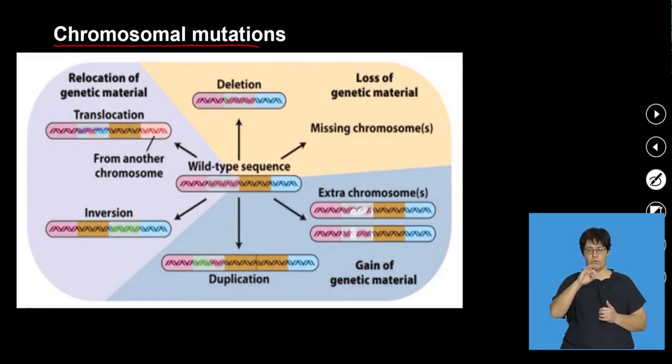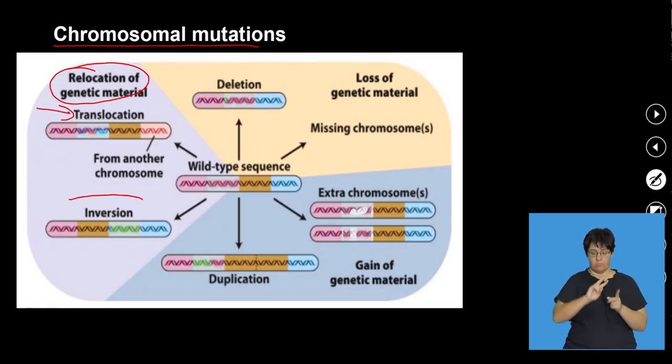So as a wrap of this segment, let's try and review what chromosomal mutations are. So I mentioned that they could be the relocation of genetic material, and that can occur through translocation or inversion.